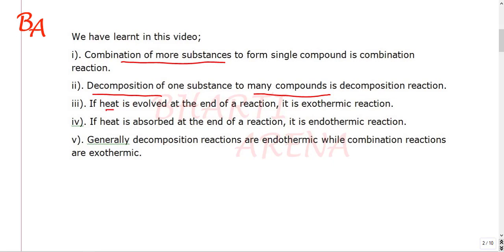If heat is evolved at the end of a reaction, it is an exothermic reaction, and if heat is absorbed at the end of a reaction, it is an endothermic reaction. Generally, decomposition reactions are endothermic while combination reactions are exothermic.